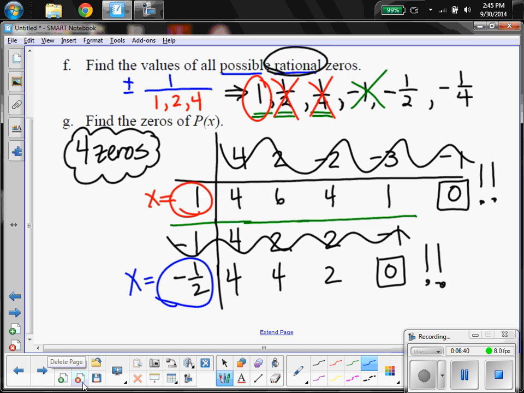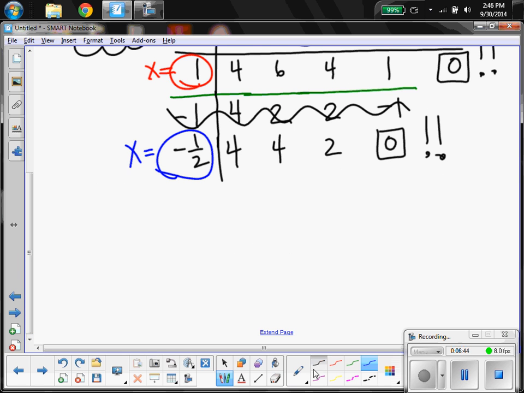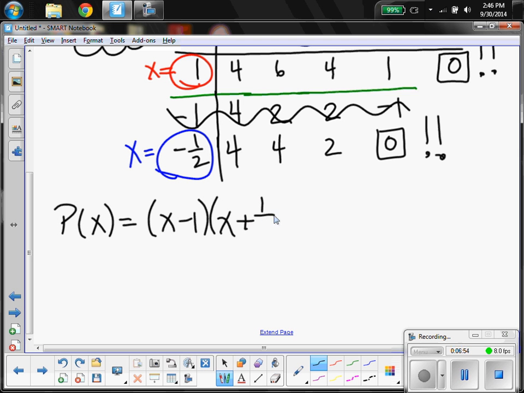So now I know that my original p of x, if 1 is a 0, x minus 1 is a factor. If negative 1/2 is a 0, then x minus negative 1/2, aka x plus 1/2, is a factor. And then my other factor has these coefficients.